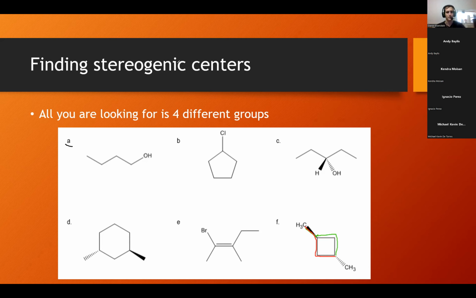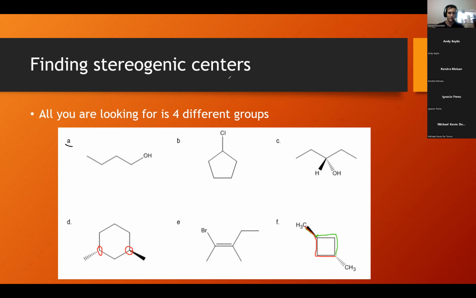Yes, I can. So let's look here and here. How many different groups are there on the one to the left? I have the methyl, I have a hydrogen. Okay, so methyl, hydrogen.